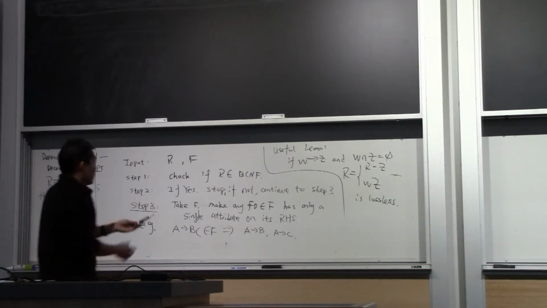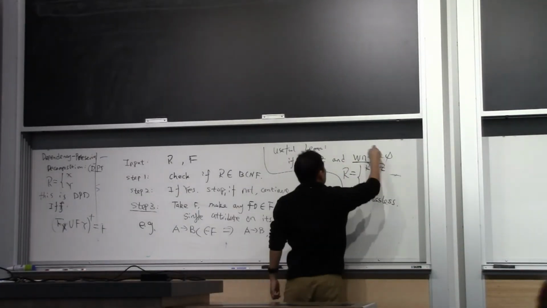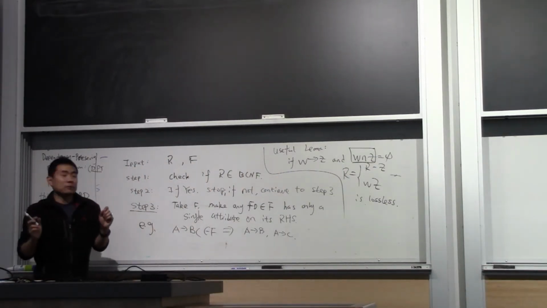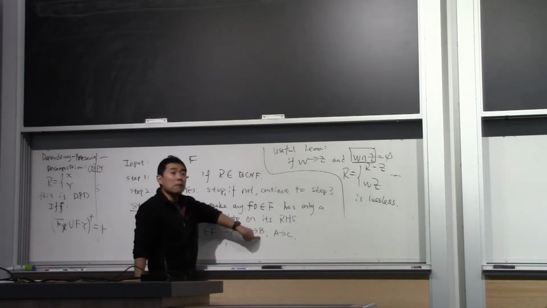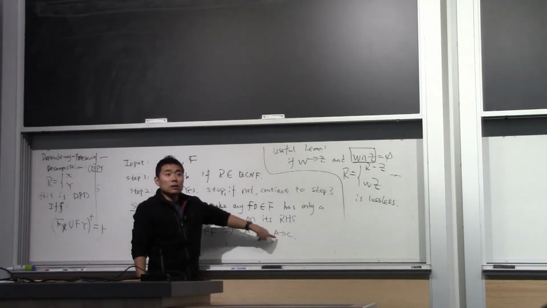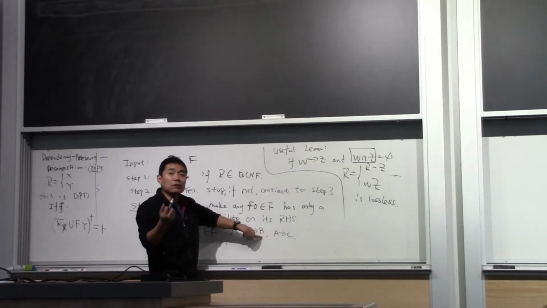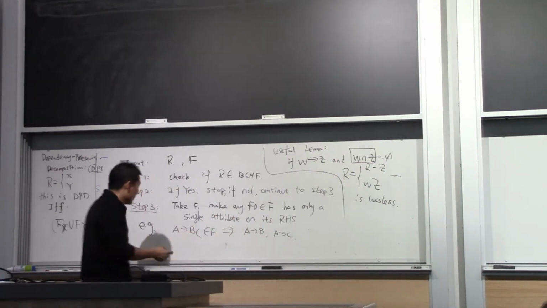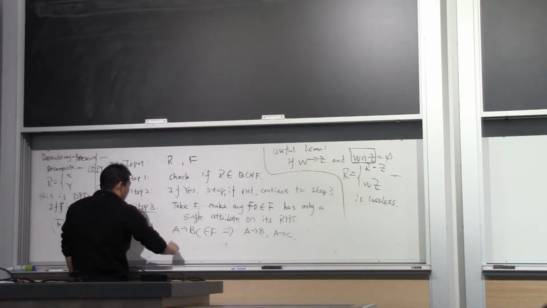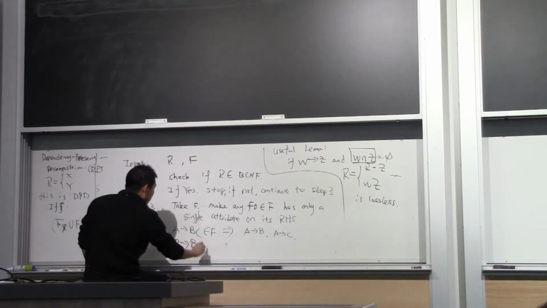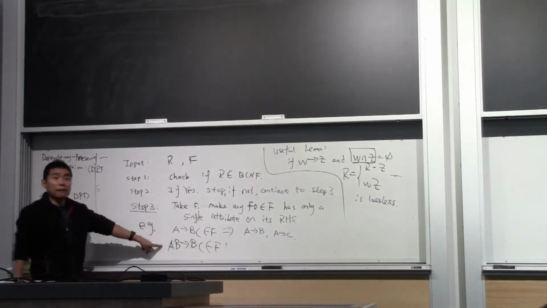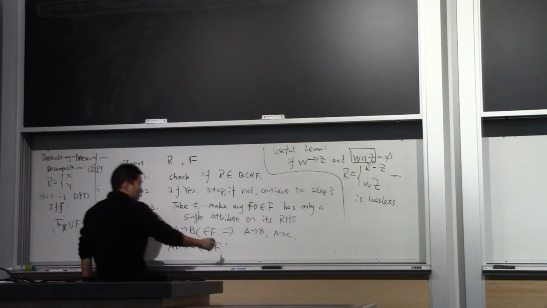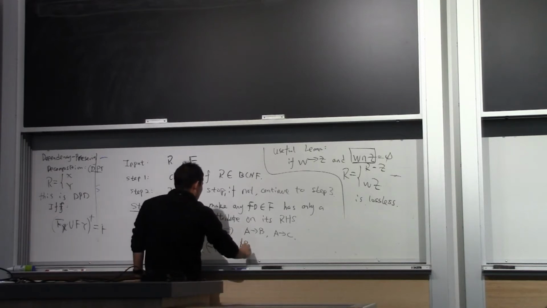Why do you want to do this? The reason is to guarantee this condition: the left-hand side and right-hand side intersection equals empty. Once you decompose into this form, where the right-hand side is a single attribute, you get rid of any trivial functional dependency, which is not the case in this example. Let's consider another example. Let's say we have AB determines BC in F. Now, if I decompose it into a single attribute on the right-hand side, what do I get?